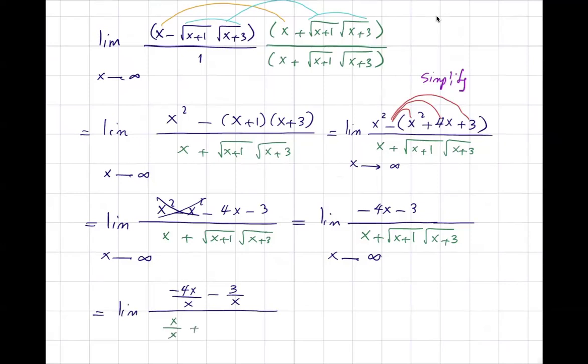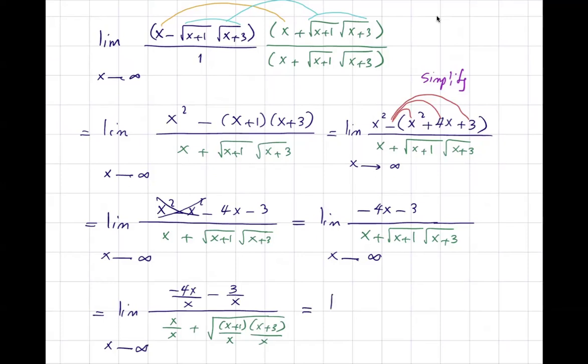So basically, when it comes to this, you can combine this into one radical, and you get x plus 1, x plus 3, and divide by x, then x goes to infinity.